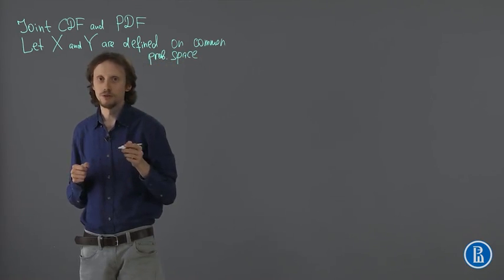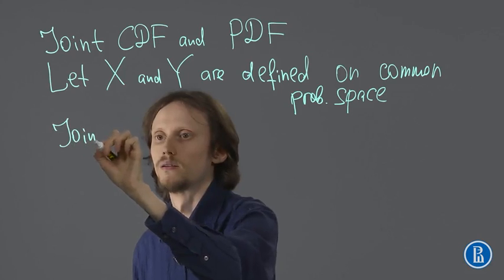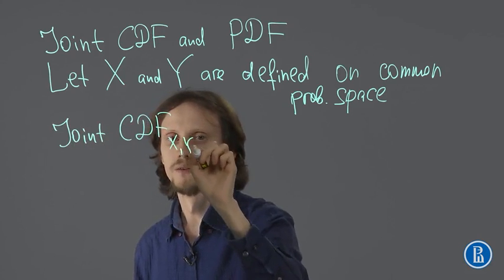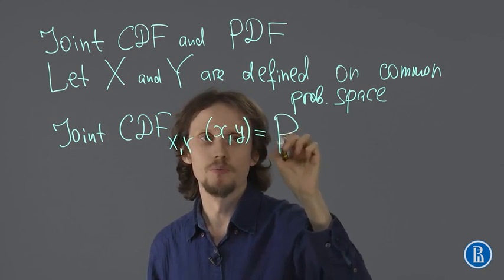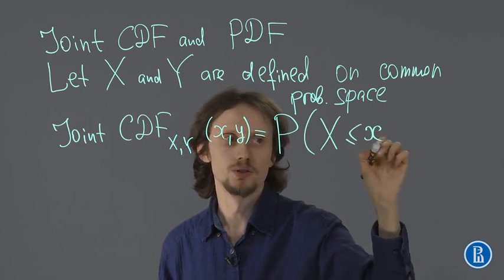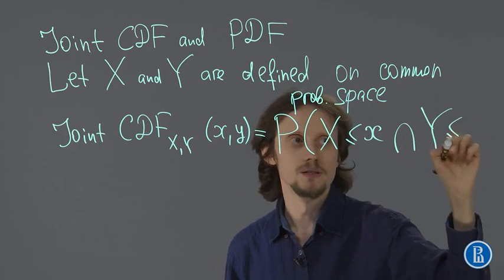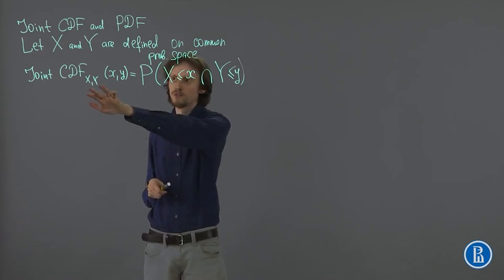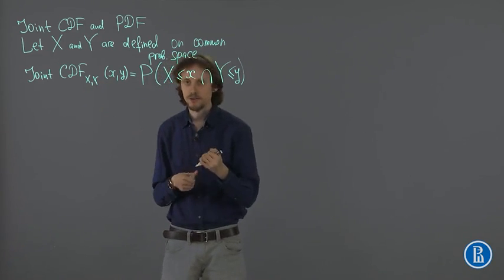Let us consider the joint cumulative distribution function. Joint CDF of x and y is a function of two variables that is equal to the probability that x is less than or equal to x small, and at the same time y is less than or equal to y small. To visualize values of two random variables, let us use the Cartesian plane.